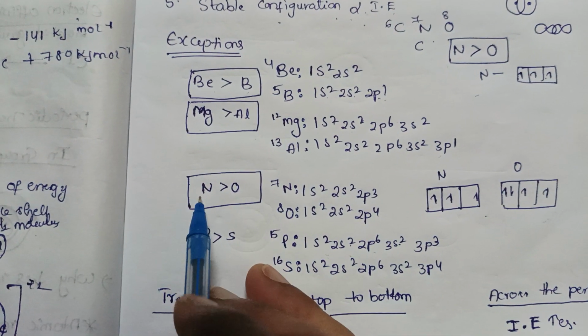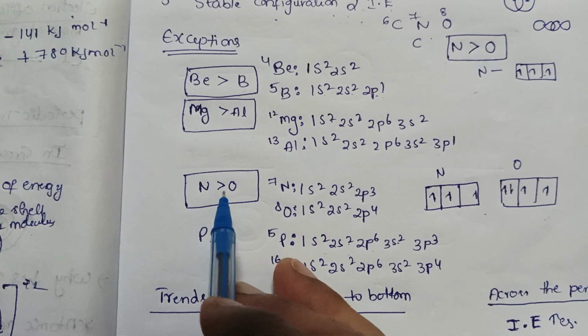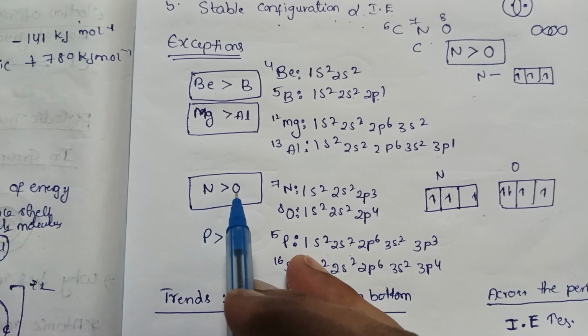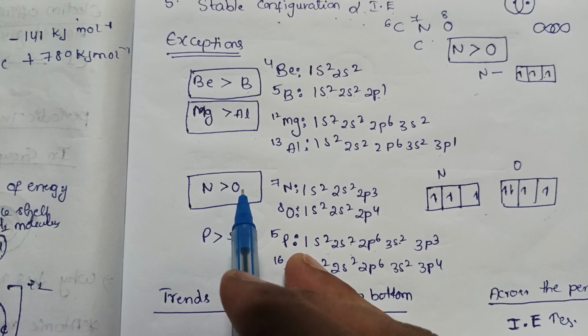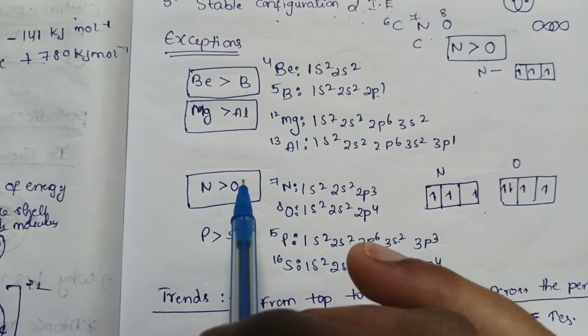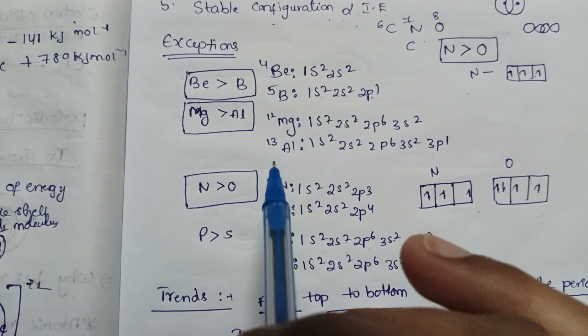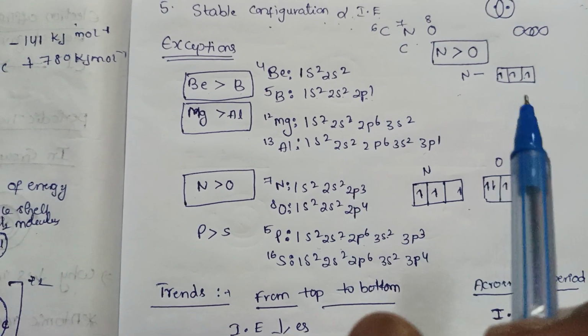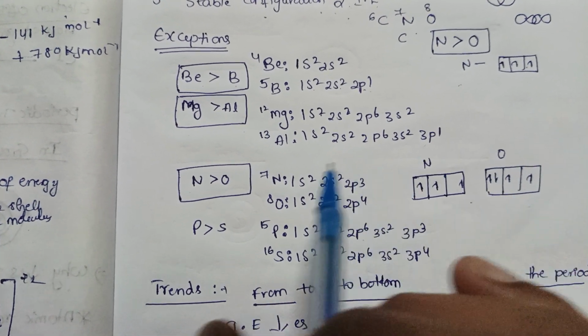If you observe nitrogen and oxygen, oxygen should have more ionization energy than nitrogen, because the actual trend is that atomic size decreases and ionization energy increases across the period.